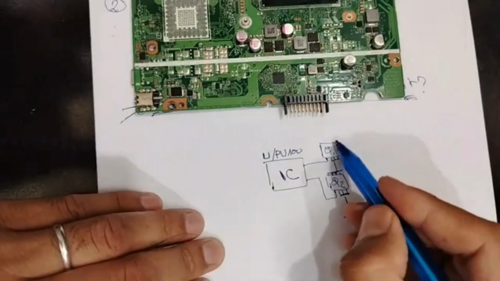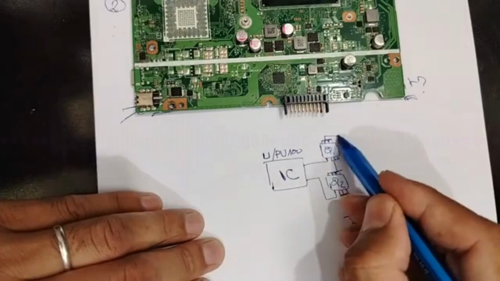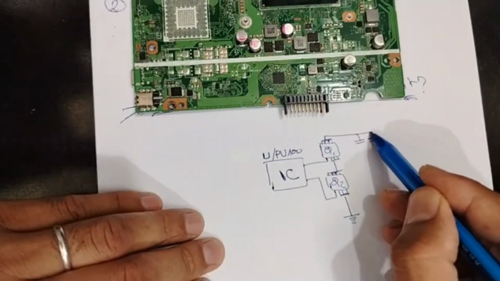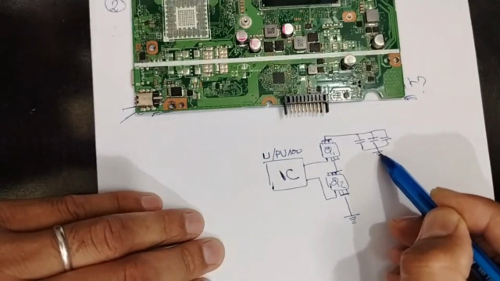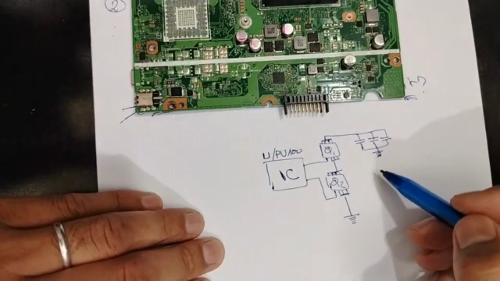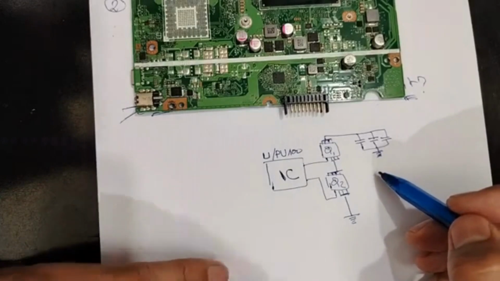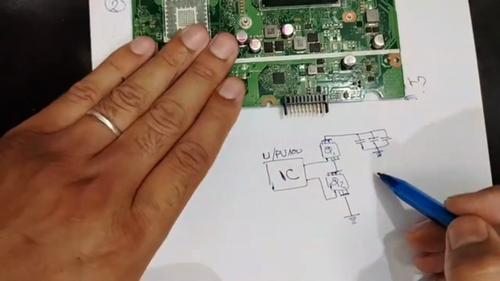And the input, basically the drain of the MOSFET, is connected to ceramic capacitors. Basically, 3 ceramic capacitors are enough, and this capacitor is connected to the ground. Guys, here I'm teaching you the most common fault on every motherboard. We have seen the motherboard.